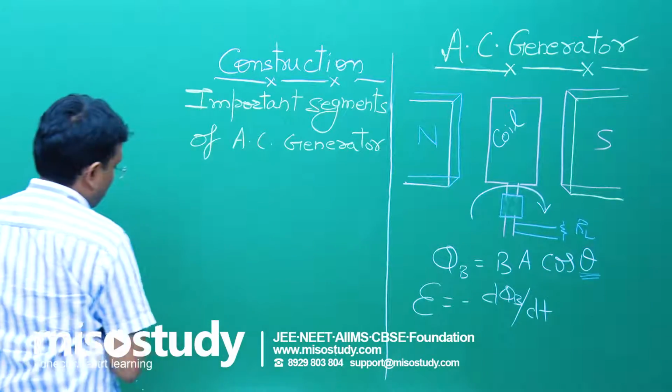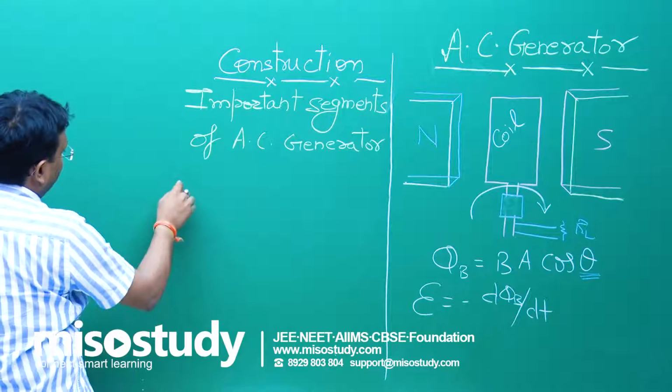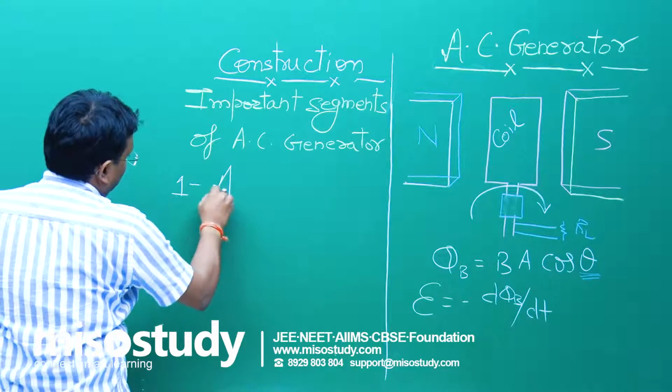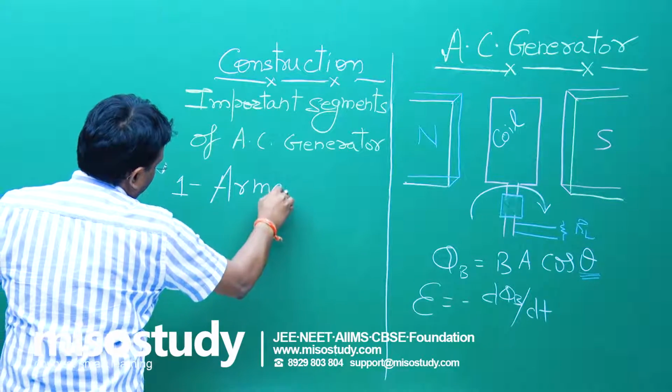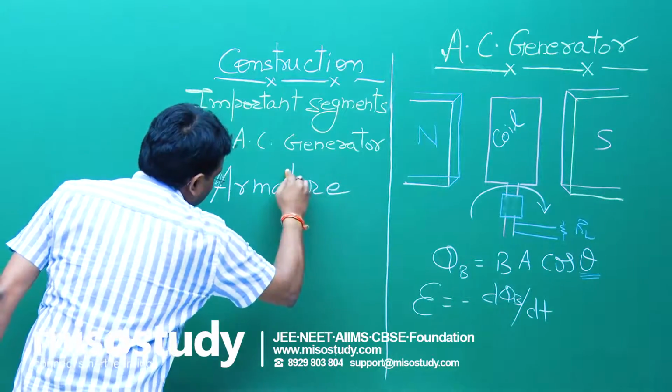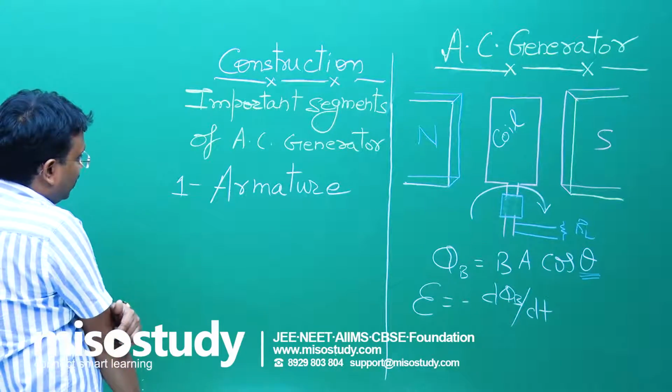So, first one is number 1, armature, that is utmost important.